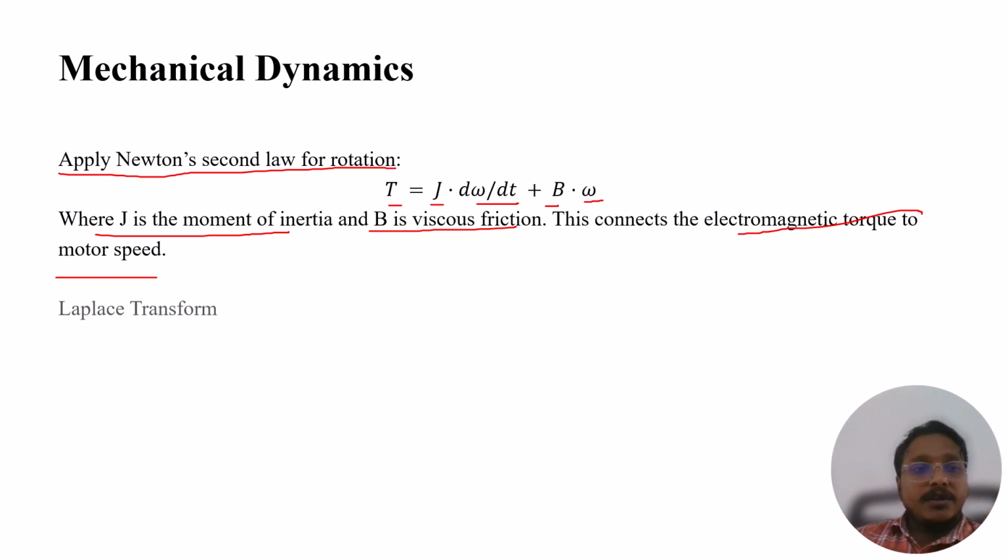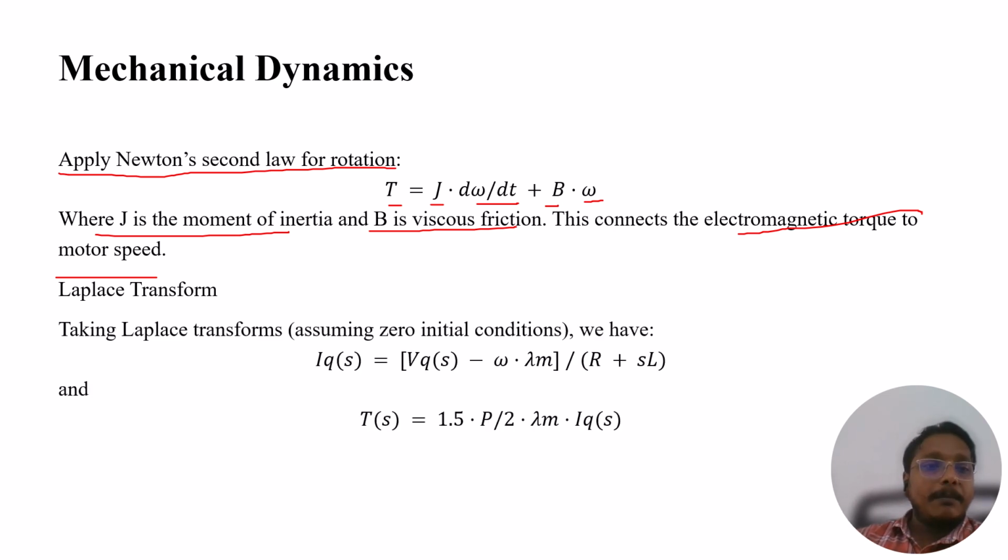Now we need to apply the Laplace transform, because to get the transfer function we must apply the Laplace transform. When we apply it, as we already know, the initial conditions will be 0. Applying the Laplace transform to the IQ component, IQ of s equals VQ of s minus omega into lambda m, divided by R plus sL.